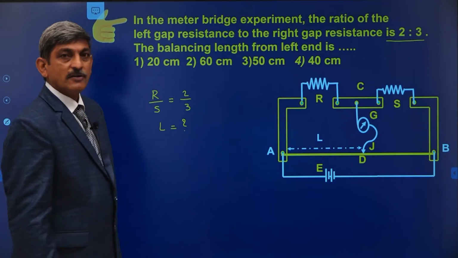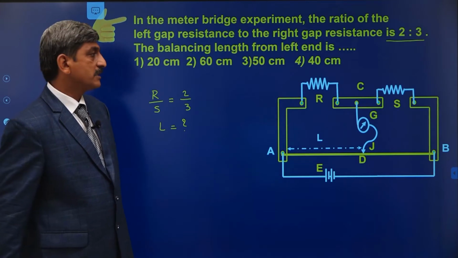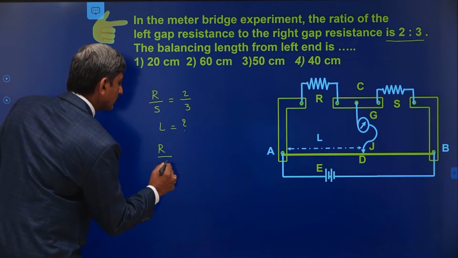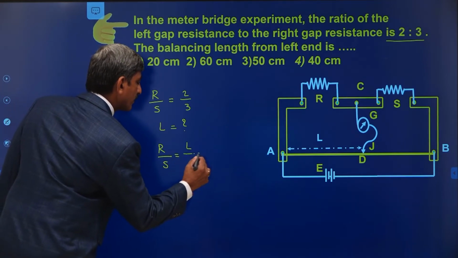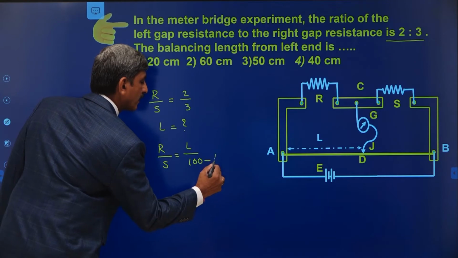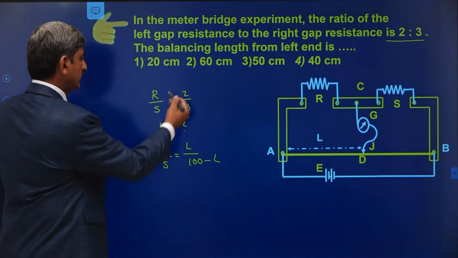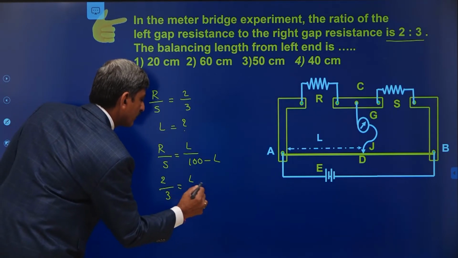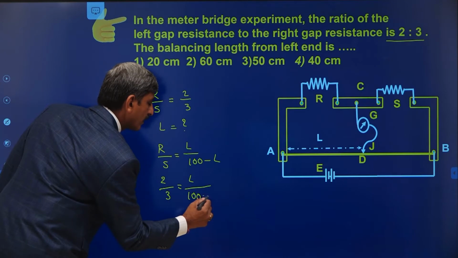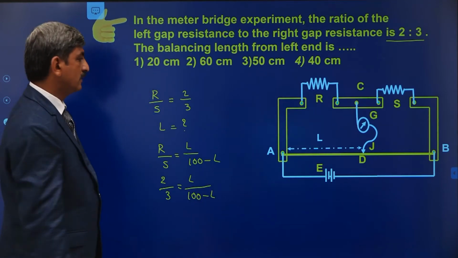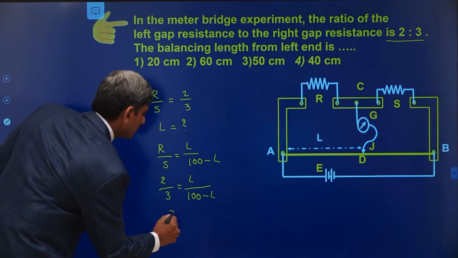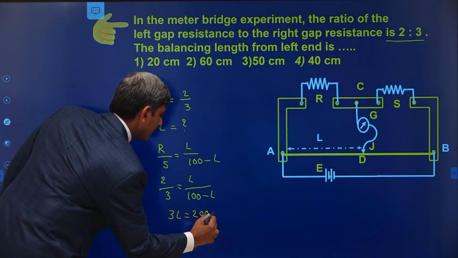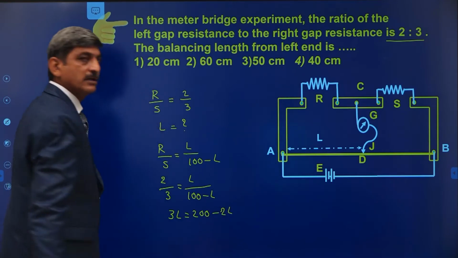Already you know that whenever the bridge is under balancing conditions, we can write R by S is equal to L by 100 minus L. By substituting this value, we have 2/3 is equal to L by 100 minus L. By cross multiplying, we have 3L is equal to 200 minus 2L.